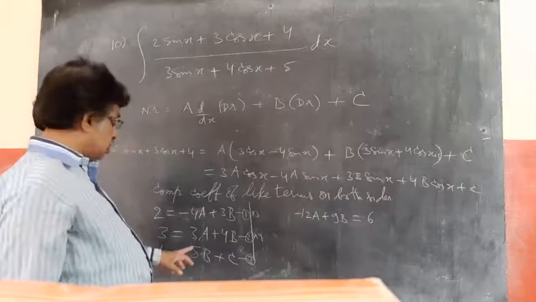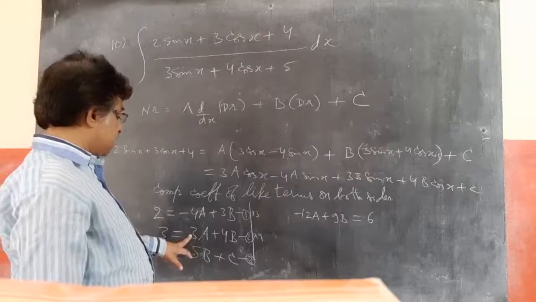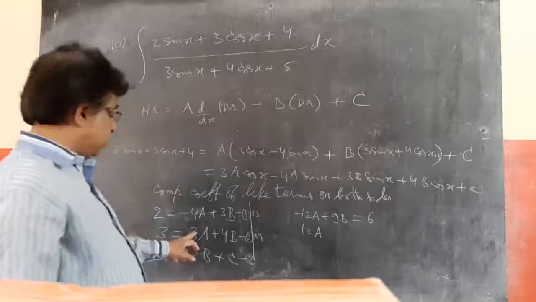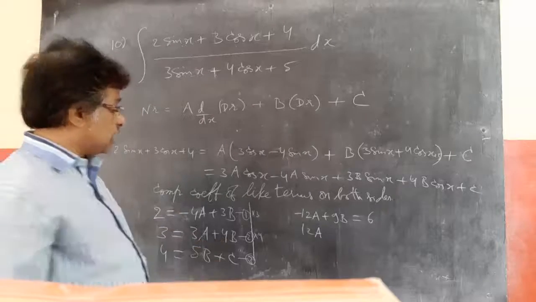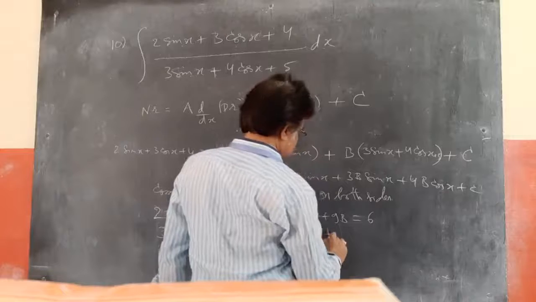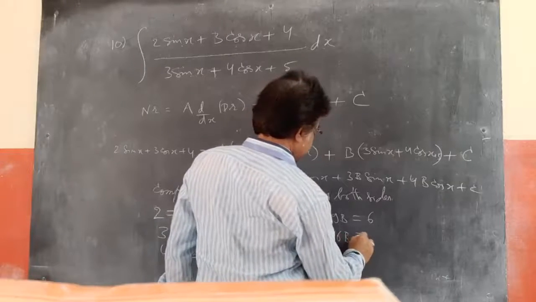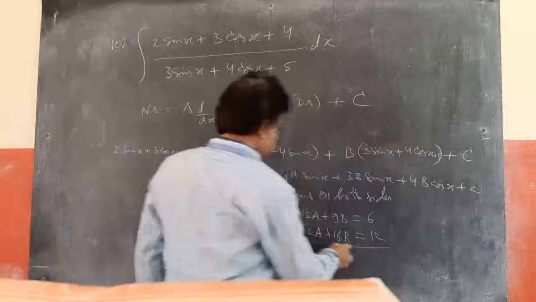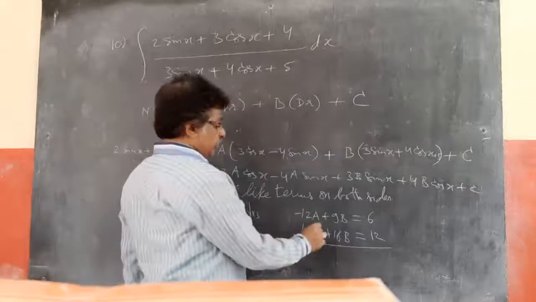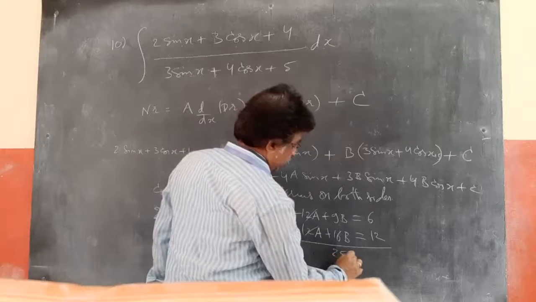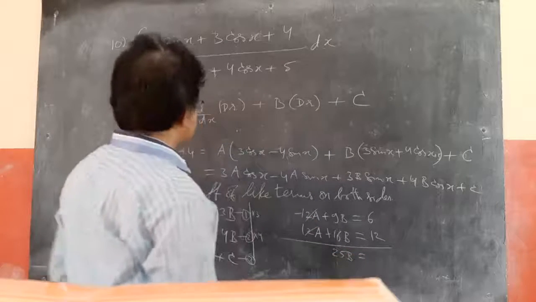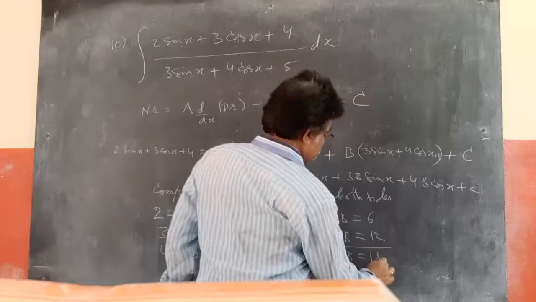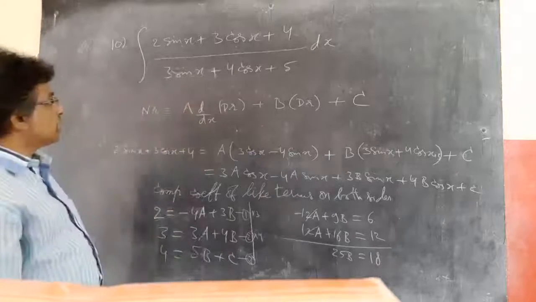Next, multiply 2 with 4: 4 3s are 12a plus 4 4s are 16b, so 12a plus 16b equal to 4 3s are 12. Just simply add both. So 12a cancels, 25b equals 12 plus 6, 18.